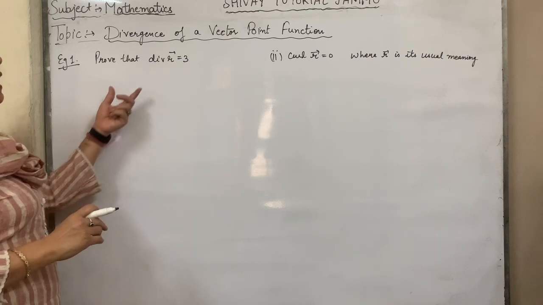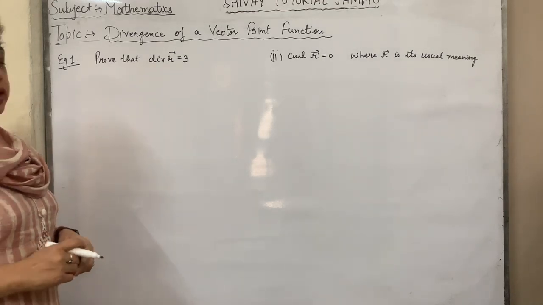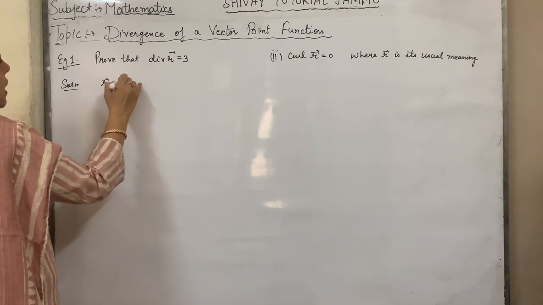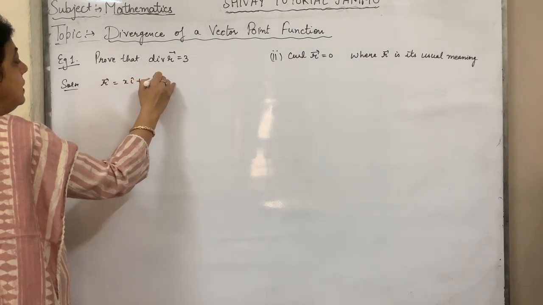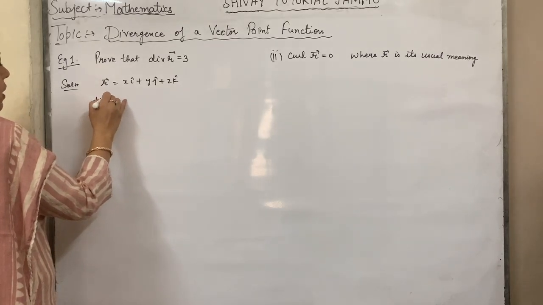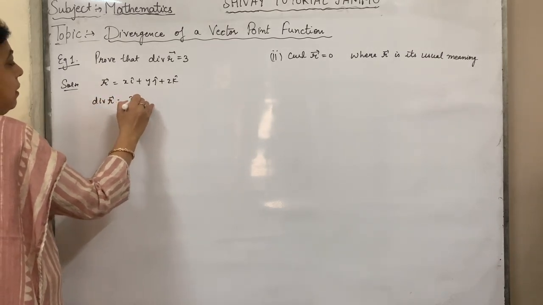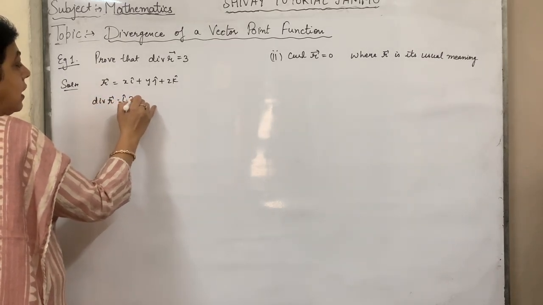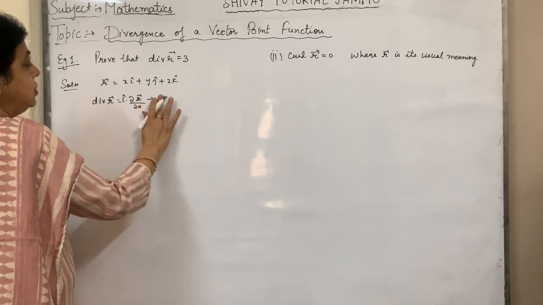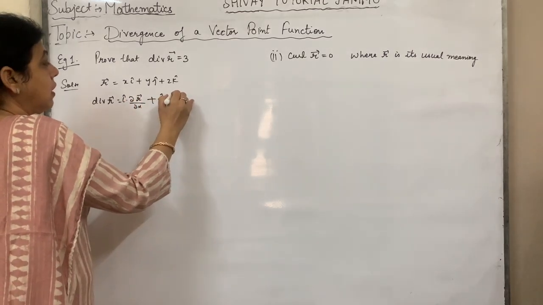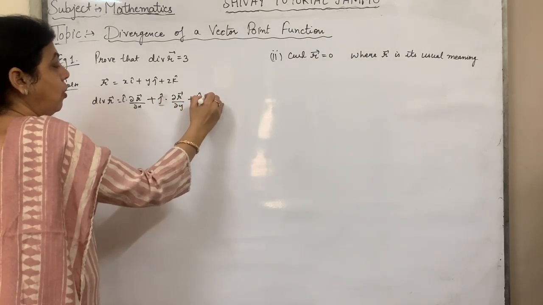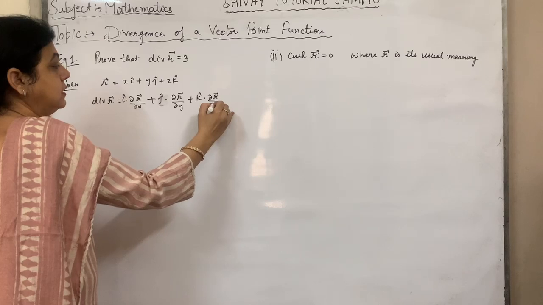We have to prove that div of r is 3. Firstly, we will prove that. Let's suppose that r vector is xi plus yj plus zk. What is div of r? It will become i dot curly r by curly x, plus j dot curly r by curly y, plus k dot curly r by curly z.